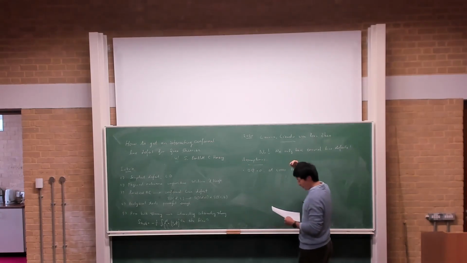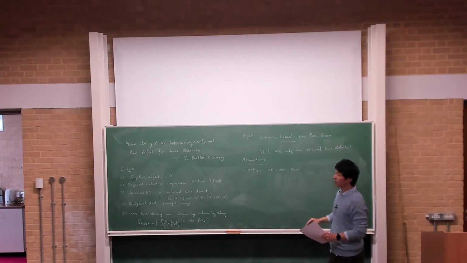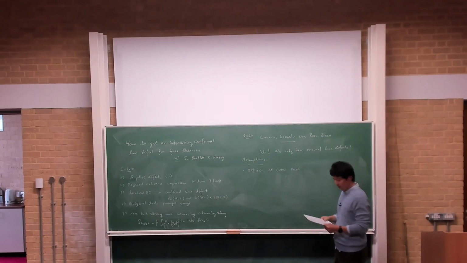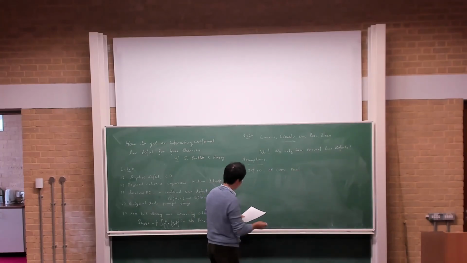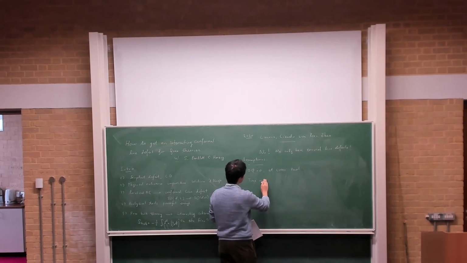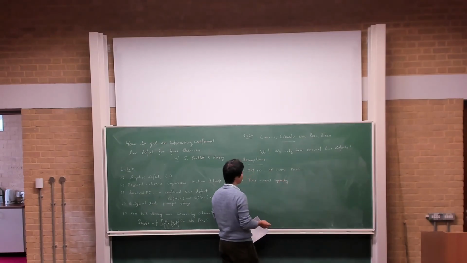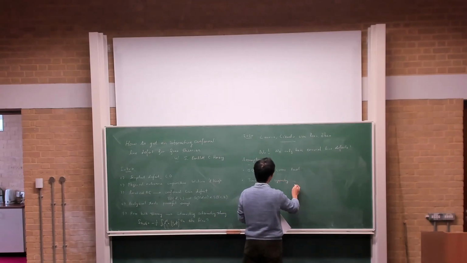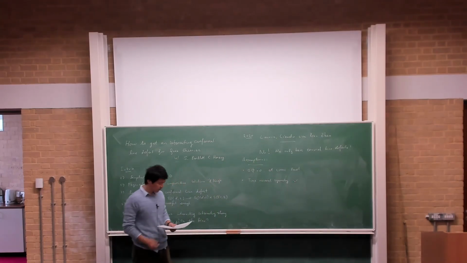And of course, this is true classically when we are away from the defect we are thinking about. The second assumption is that time reversal symmetry is preserved, or time reversal symmetry is a symmetry in their consideration.